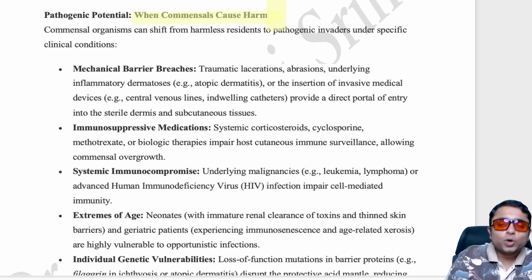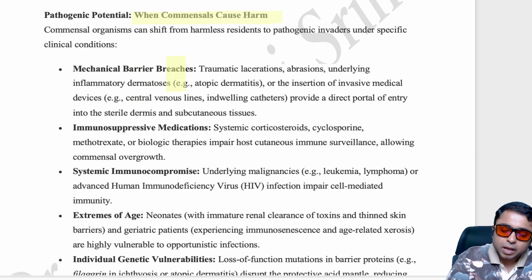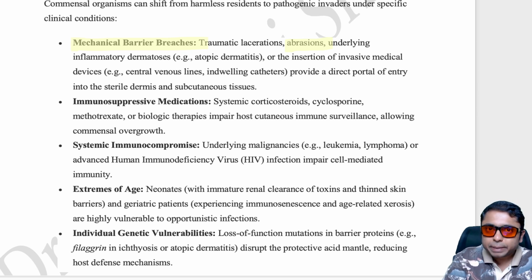So, when can commensals cause harm to the patients or normal individuals? If there is any breach in the mechanical barrier, like for example, if there is any abrasion, the organism can directly get dislodged, or it could go deep into the skin in such circumstances, and also in atopic dermatitis.